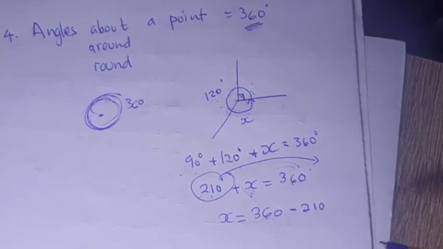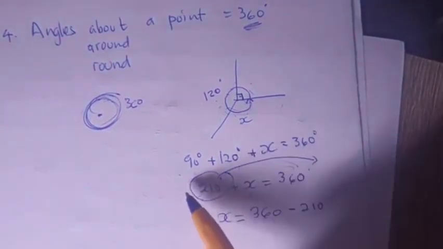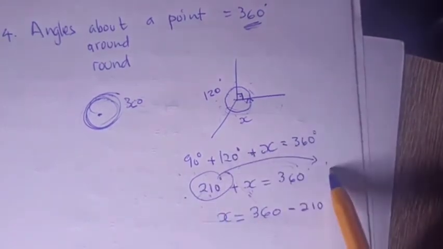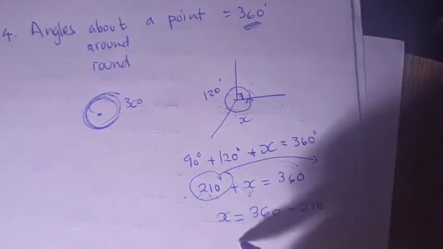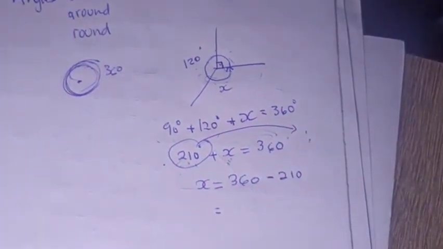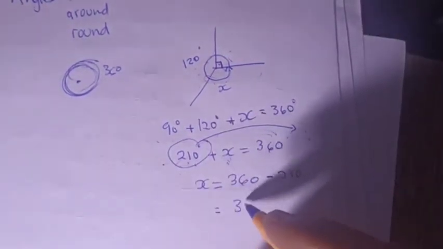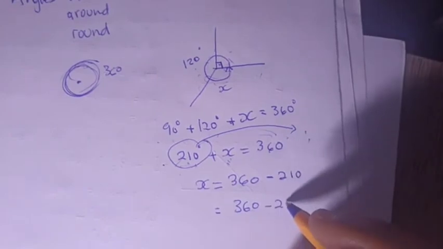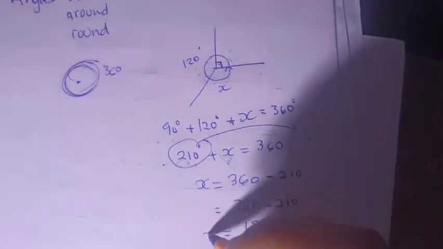We call this the additive inverse, where you are subtracting both sides by this value so that x becomes alone. But we just take it like a shortcut, and then we say you take that one to the other side. But you're actually subtracting both sides by 210. And then, if you subtract both sides by 210, you get 150. Yes, it's an obtuse angle.